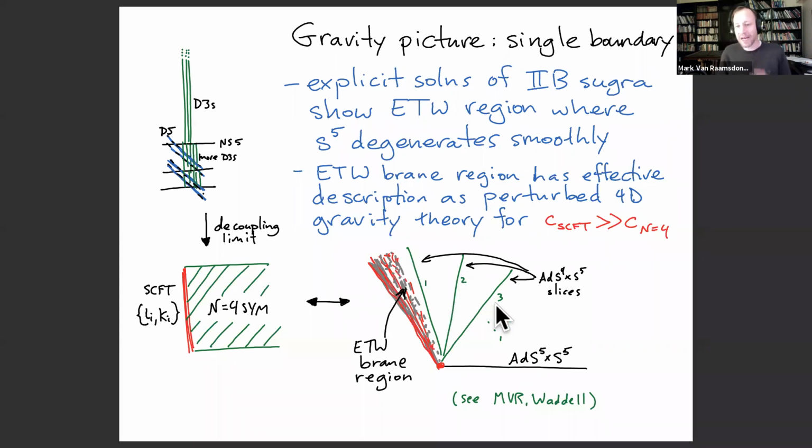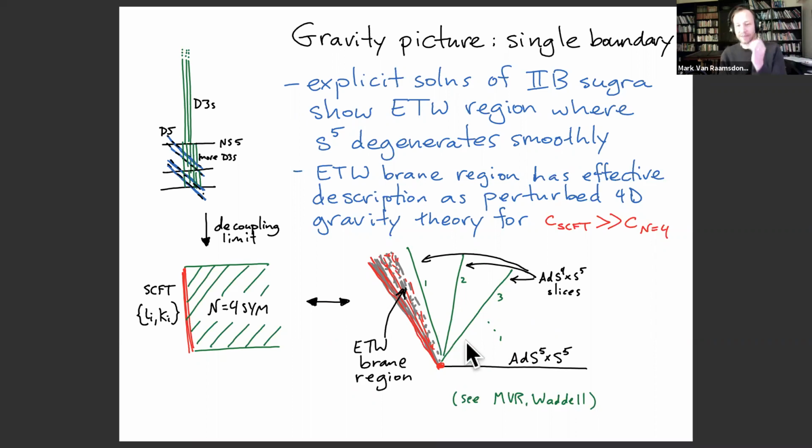So what happens there is that in most of the geometry away from the end of the world brane, it looks like AdS5 times S5. But then as you approach the end of the world brane, the S5 kind of puffs up, it starts deforming and puffs up into a larger geometry, and then it pinches off smoothly. So the internal space actually has quite a bit more volume in this end of the world brane region.